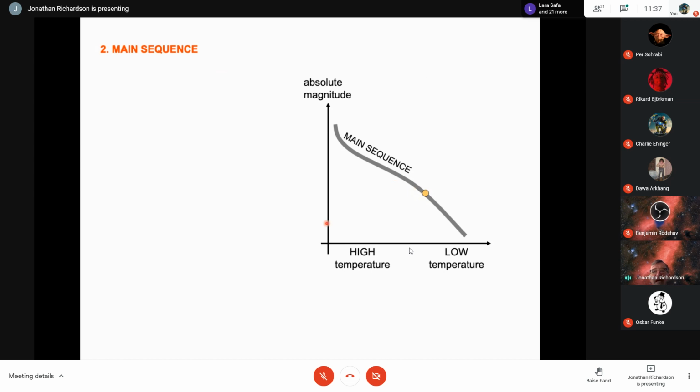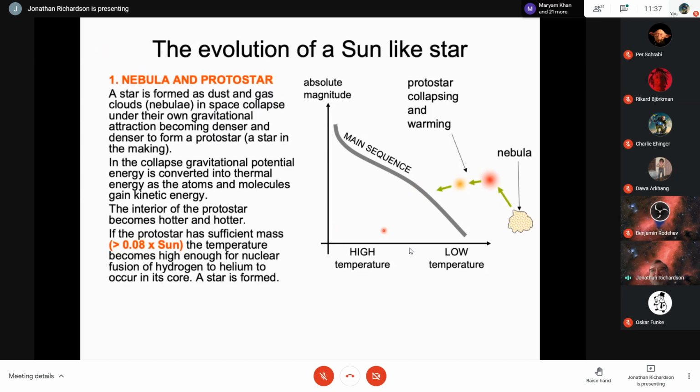So what we've now got is a star that's gone from a protostar. If this process didn't actually take place and the star sort of just fizzled out, we would then get the formation of a brown dwarf.